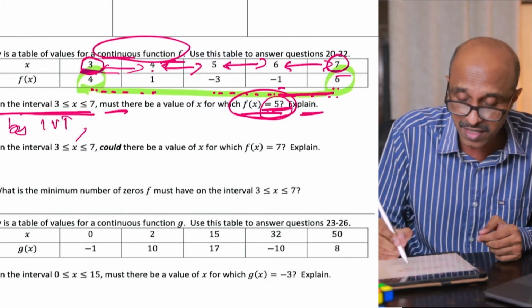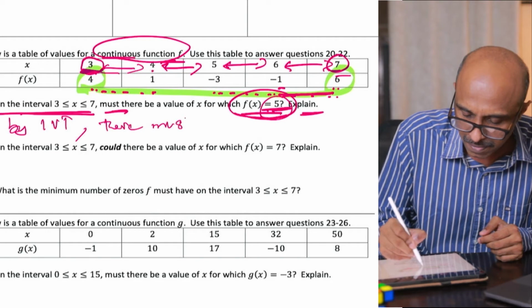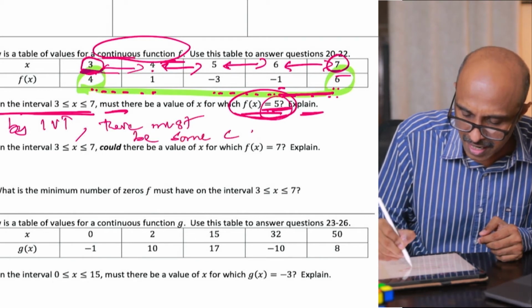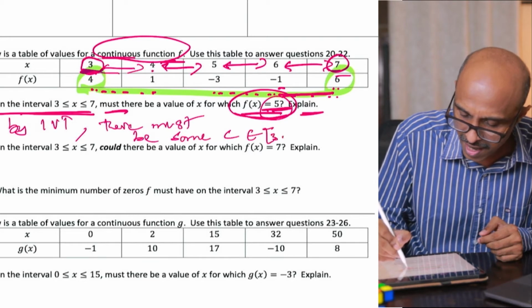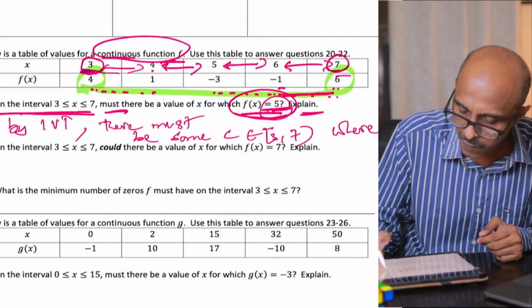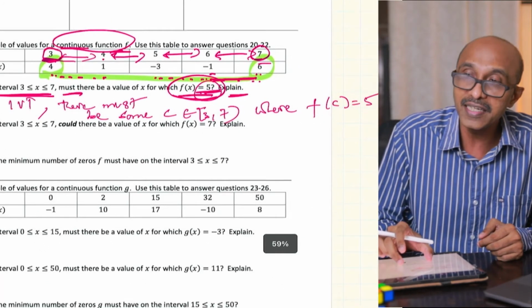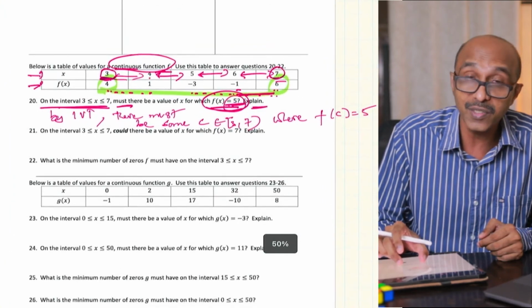We don't know what that value of x is, but there must be some c in between 3 and 7 where f of c would be equal to 5. That is what the intermediate value theorem can guarantee. That's why it's powerful.